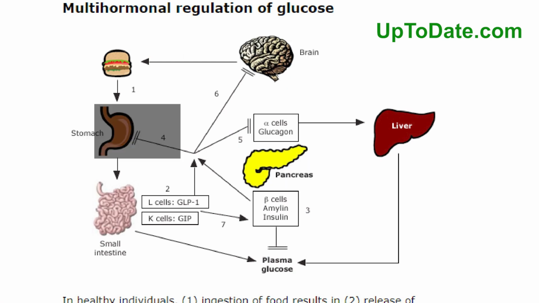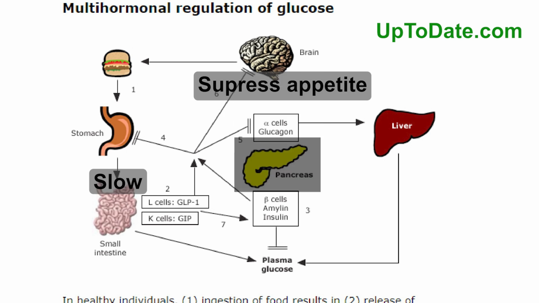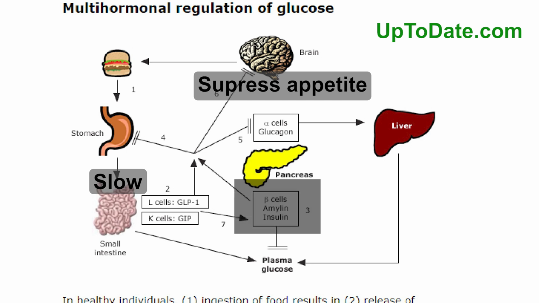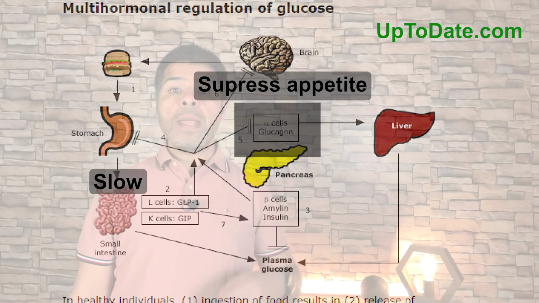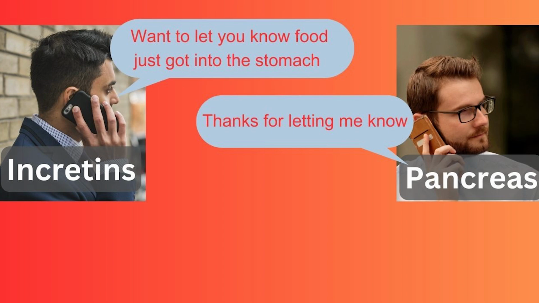In the stomach, they slow down the emptying of food into the intestine, and in the brain, they suppress our appetite so we eventually stop eating. And in the pancreas, incretin hormones inform the pancreas about the incoming food, so it pumps insulin into the blood in response to food and reduces or inhibits glucagon production. Basically, incretin hormones coordinate pancreatic insulin secretion with food intake.